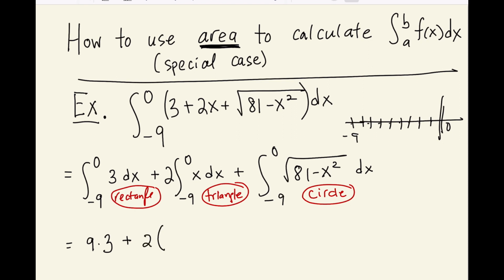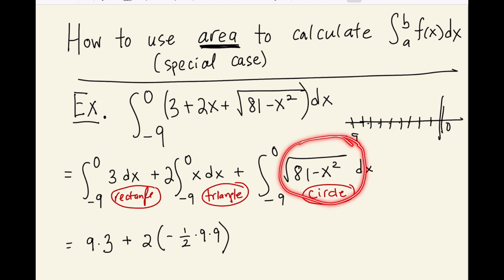This is going to be a triangle that lies below the x-axis. So it's going to be a triangle like this that has base 9 and height 9. So we're gonna make it negative though. And then this is our circle.